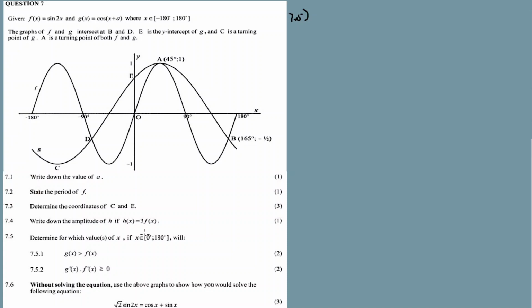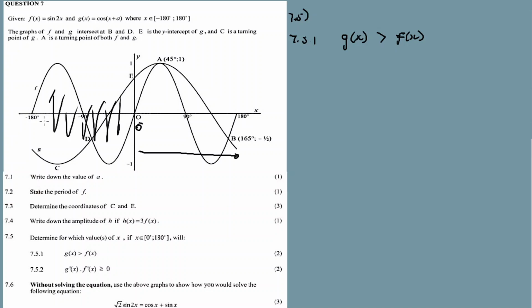So now here, we only pay attention from 0 degrees all the way up to 180. 7.5.1. We want the part of the graph where g of x is greater than f of x, meaning that g of x must be above f of x. Between 0 degrees and 180, we ignore this part of the function. We only focus from 0 to 180.